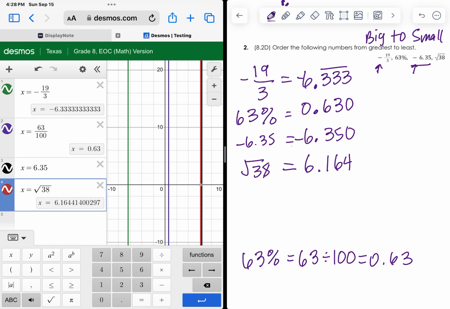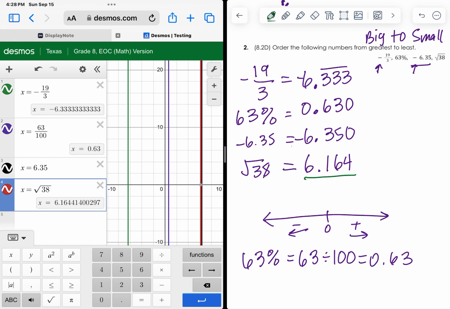So first things first, I've got 2 negative numbers here, and I've got 2 positive numbers. Well, on the number line, positives are always greater. So all my positives are over here, all my negatives are over there, and here's 0 in the middle. So I know I'm going to start with these 2 positive numbers, and I'm going to look which one is the biggest.